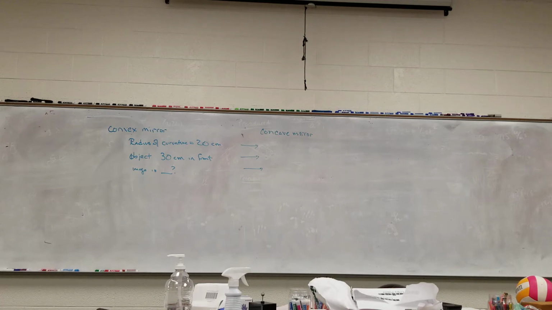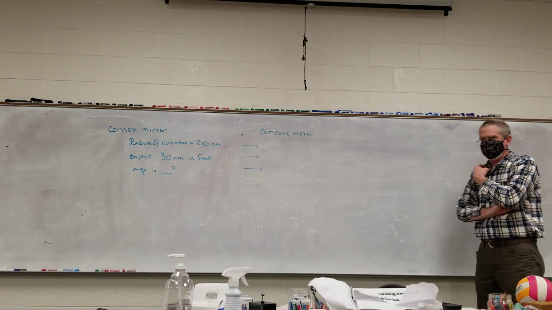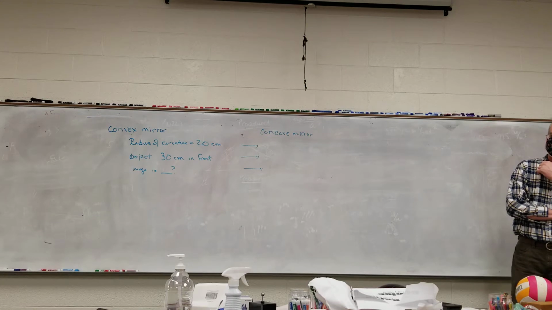Radius of curvature is 20 centimeters, that's not the focal length. The radius of the curvature divided by 2 is the focal length, correct? So it'll give you the magnitude, yes.